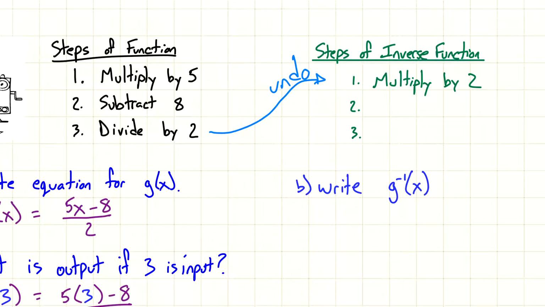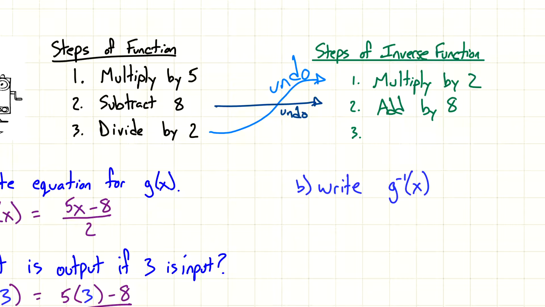All right, and then what comes next is we're going to do maybe this step in the middle. And this is also going to undo. So subtracting by 8, the opposite of subtracting by 8 is going to be, we're going to add by 8.